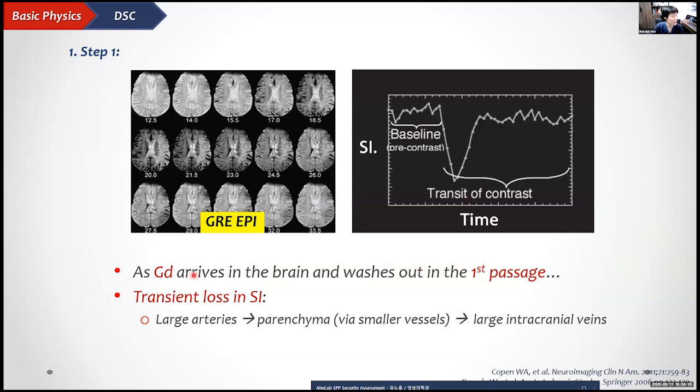As the first step, as gadolinium arrives in the brain and washes out in the first passage, you can see the transient loss in the signal intensity, starting from the large arteries, parenchyma, and the large intracranial veins. Here's a typical signal intensity time curve as the gadolinium arrives in the brain and washes out in the first passage.